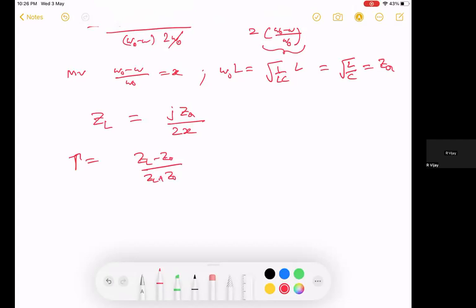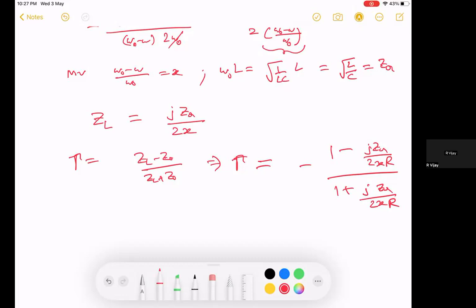So when you substitute Z naught equal to R and ZL equal to this new function, you write minus, so gamma is equal to minus, okay. So it's like 1 minus something over 1 plus something, overall minus sign.